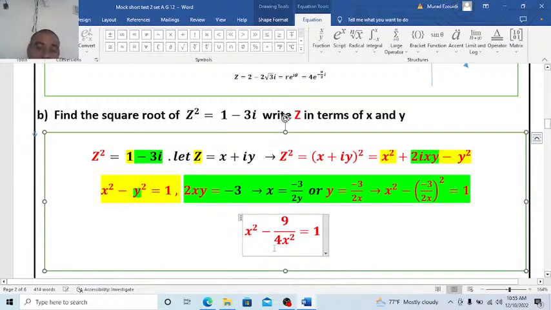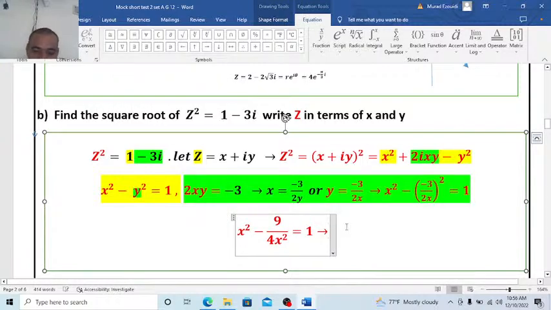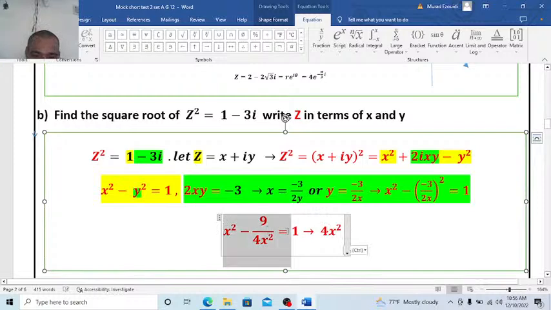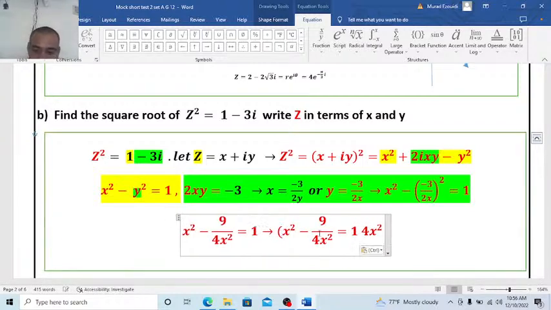So to cancel this 4x squared, it's better to multiply both sides by what? By 4x squared. Means you are going to do like that. I will write this one, then this one should be multiplied by 4x squared to cancel the value that is written in the denominator.